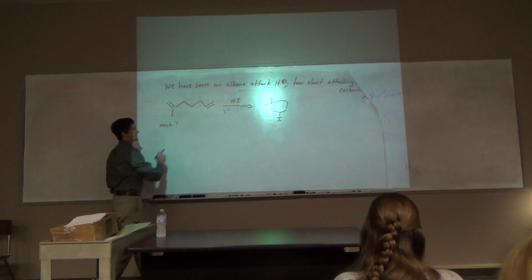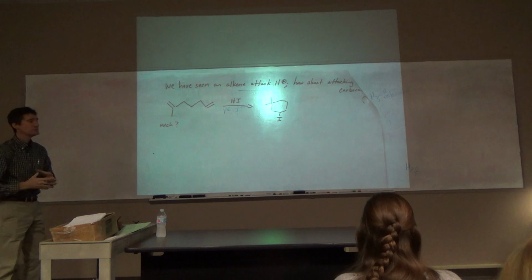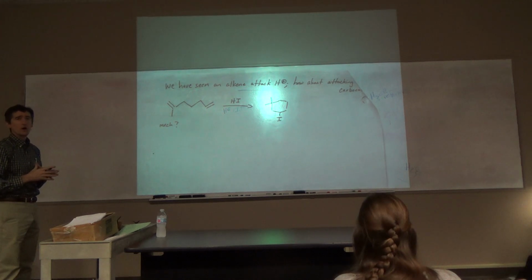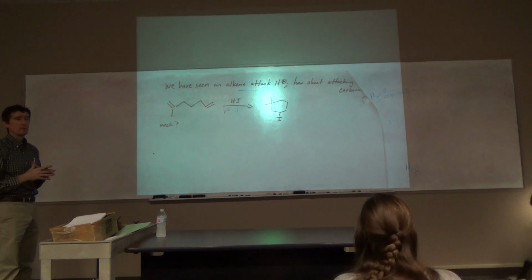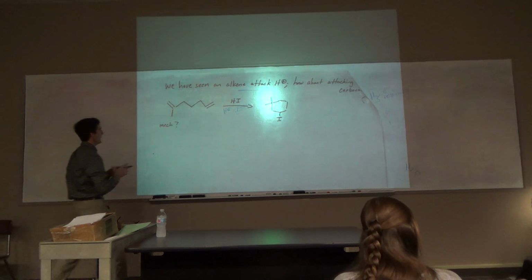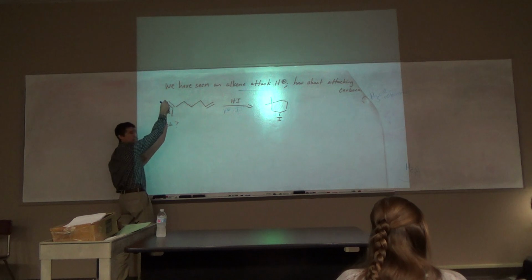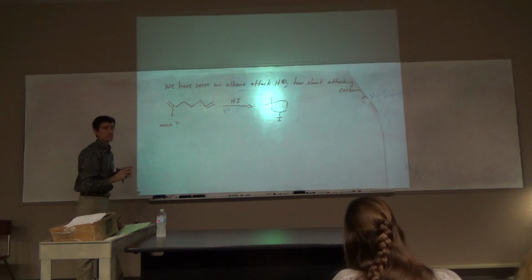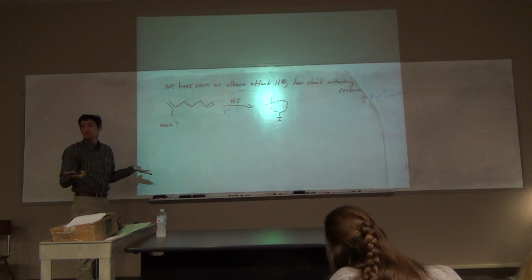You have two alkenes. Which alkene is going to react? Which one would you say is going to react? Well, really what we can do is, before we say top or bottom, we have two choices. Decide where you want to put the cation. Well, here you got four choices.